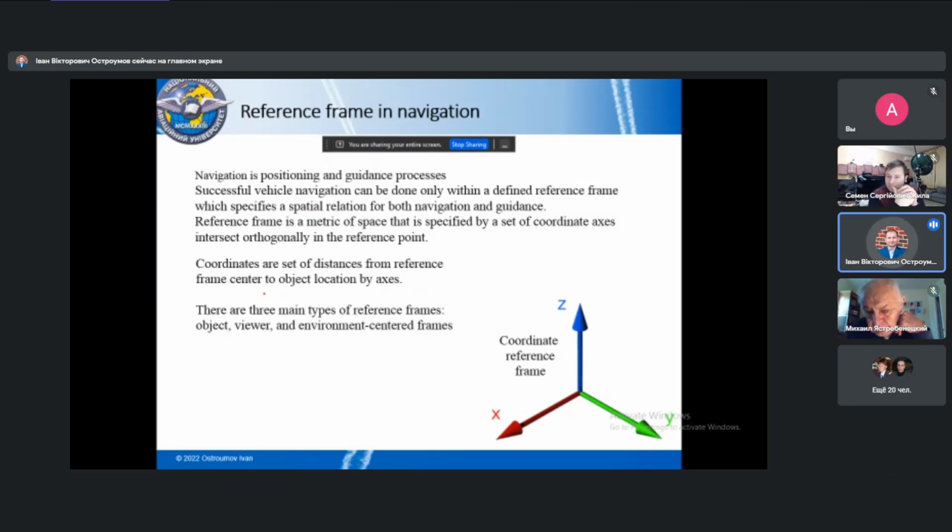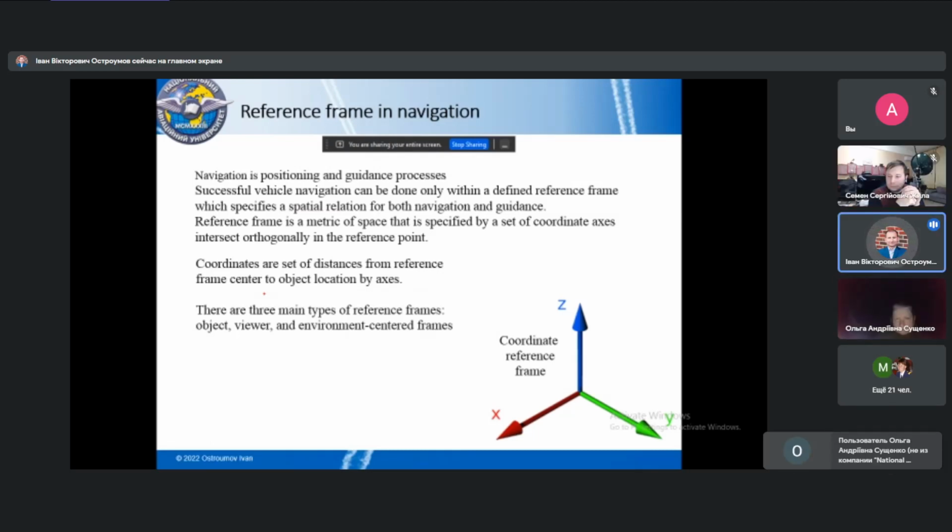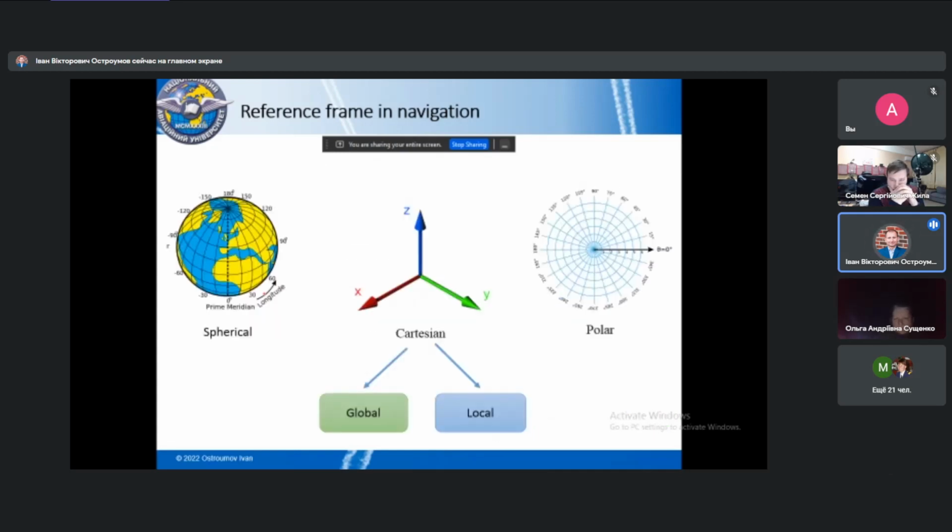And in navigation tasks, usually we use three main types of reference frames based on location of the viewer. It can be an object-oriented, viewer-oriented, or environment-centered reference frame. From the other side, based on metric, usually we have three main types of reference frame. It is spherical, which uses latitude, longitude, and altitude to represent location on a spherical surface.